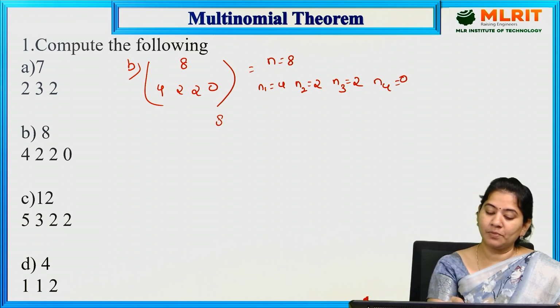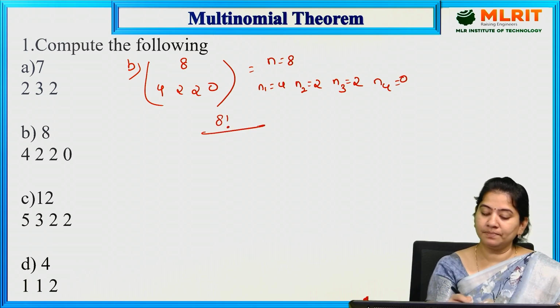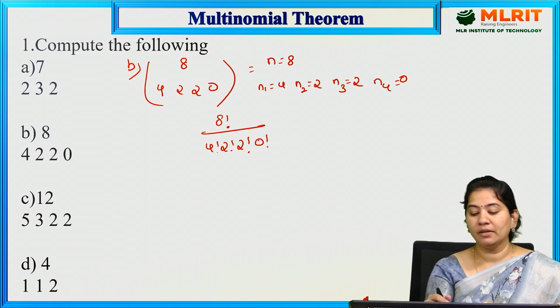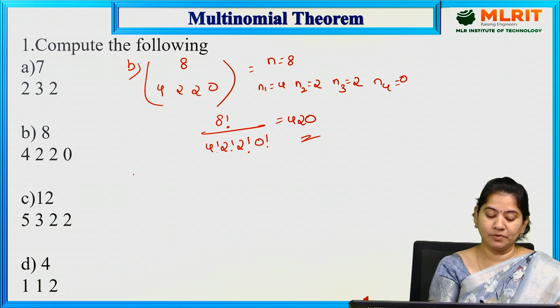Now if you substitute, 8 factorial by 4 factorial, 2 factorial, again 2 factorial, 0 factorial. 0 factorial is 1 only. So the answer you'll get here is 420 if you solve it.